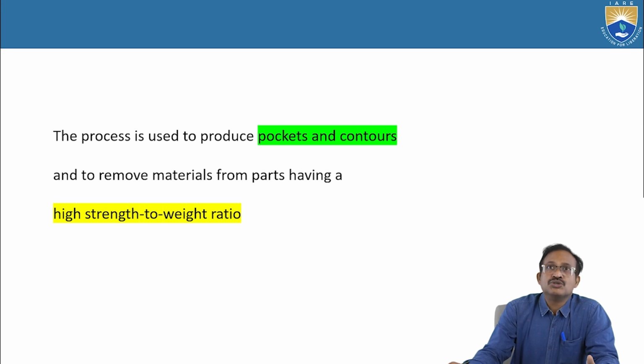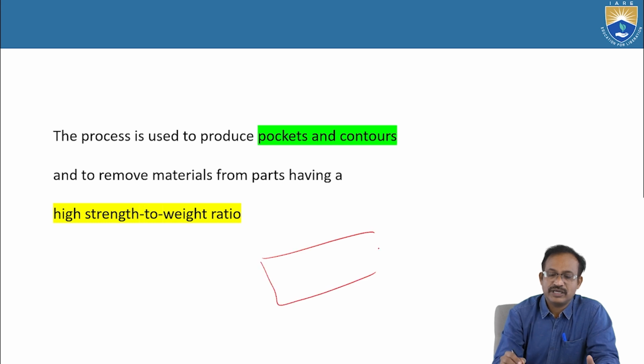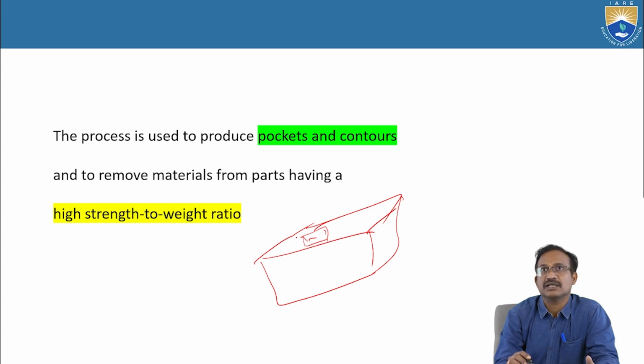The process is used to produce pockets and contours and to remove material from parts having a high strength to weight ratio. Usually we need to remove the material in terms of pockets, so the entire surface need not be cut.